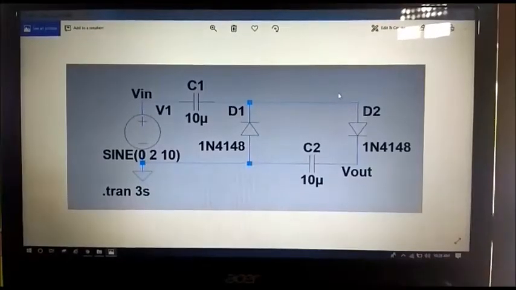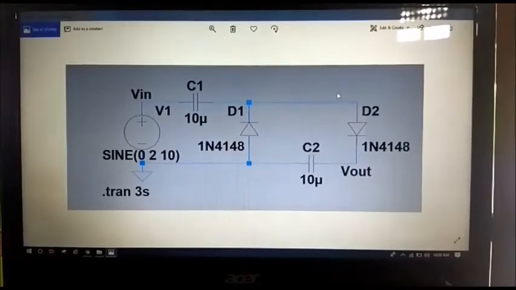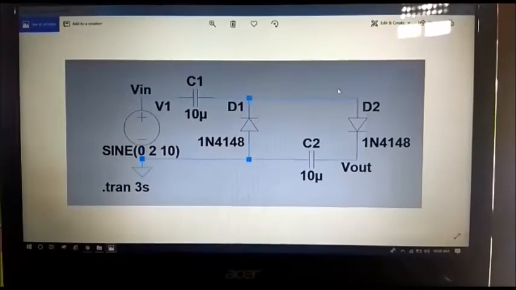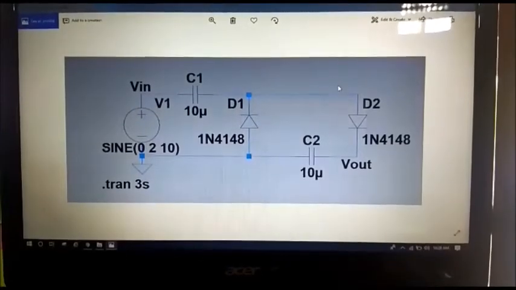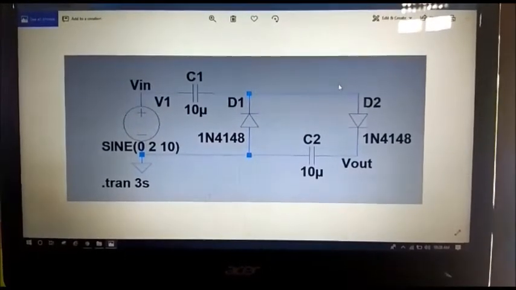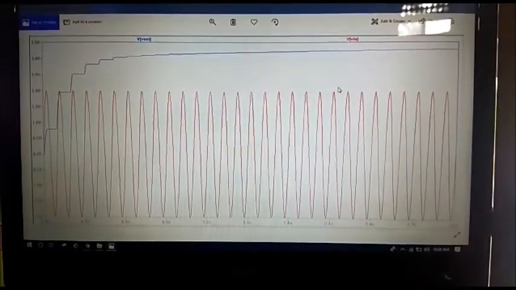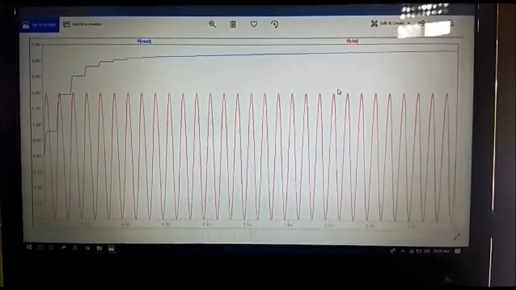This is the circuit of the Cockcroft Walton doubler, where we use 10 microfarad for C1 and C2 and 1N4148 for both diodes, with a sine input of 2 volt and 10 Hz frequency. We obtain a DC output of 3.25 volt.